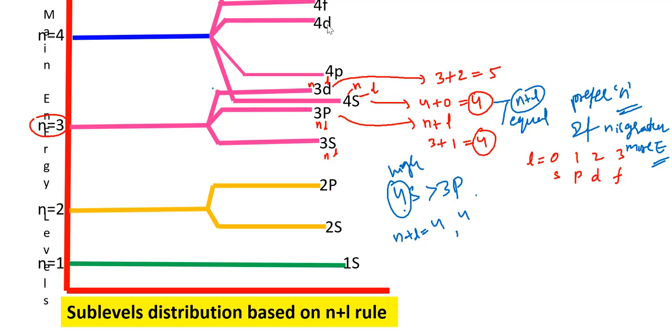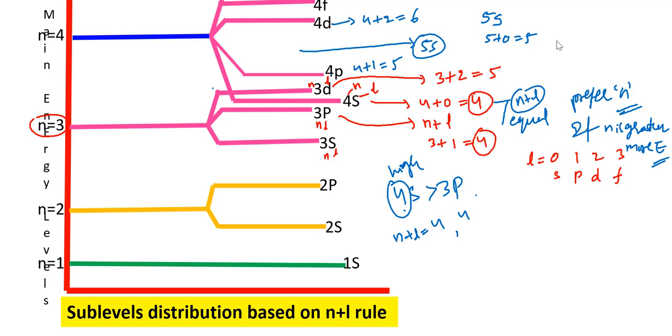What was the value for 4d? 4 plus 2 is 6. Then the 4p value is 4 plus 1, that equals 5. Suppose 5s is there, where will it come? 5 plus 0 means 5. Obviously 5s will come here, in between 4p and 4d.